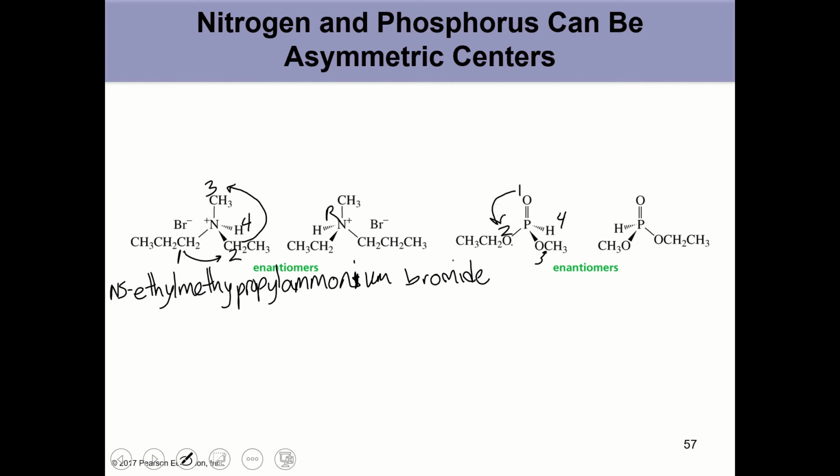So going from 1 to 2 to 3 is counterclockwise. So this is S, and the enantiomer is R.